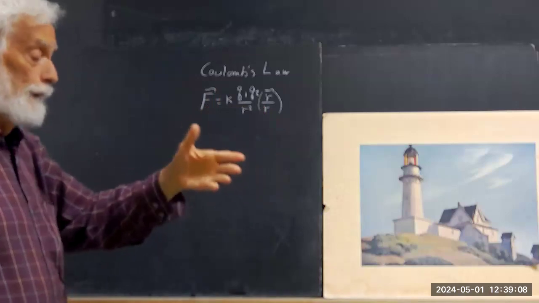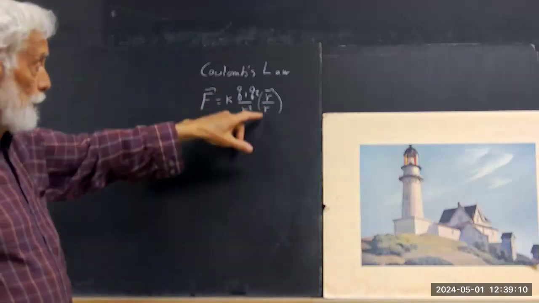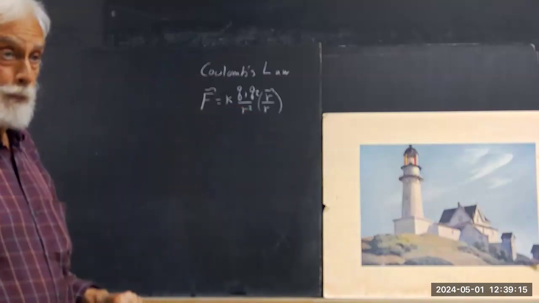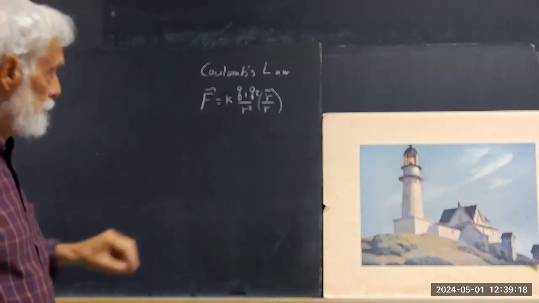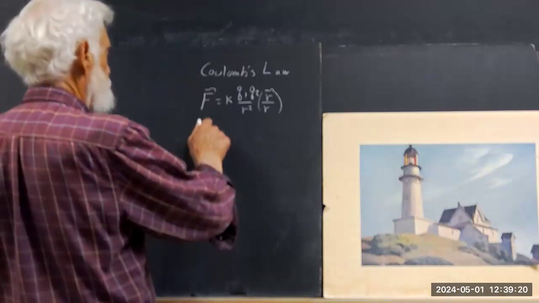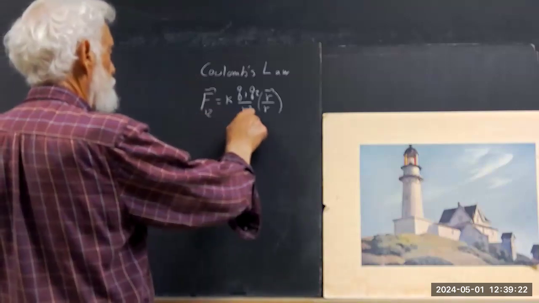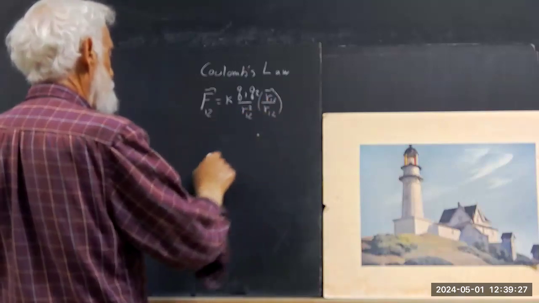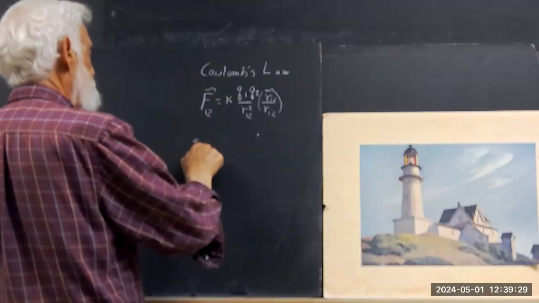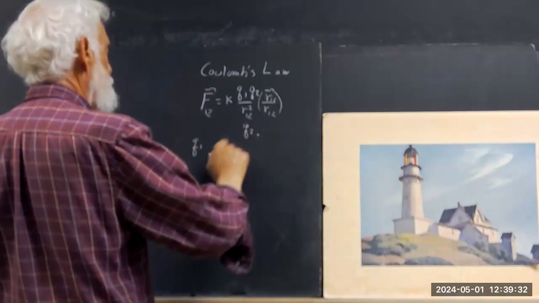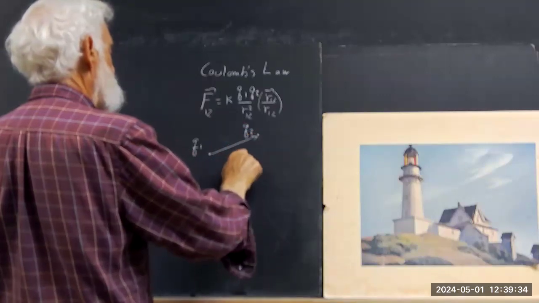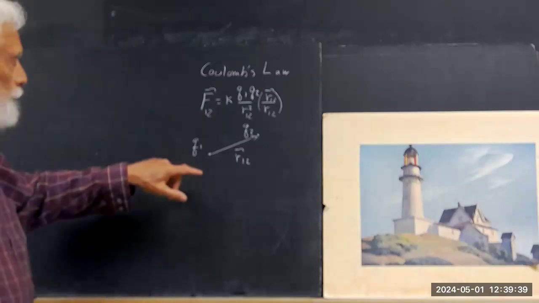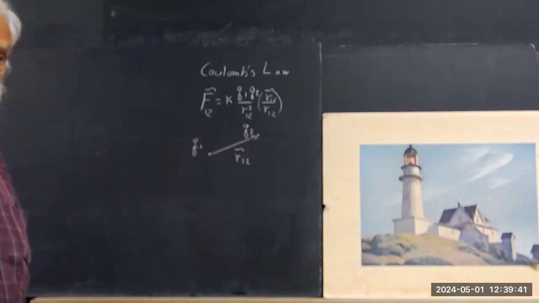Now, if you understand it in the other ways, okay. But remember, this is just a vector from one charge to the other, right? And it's a force of charge one exerted on charge two.